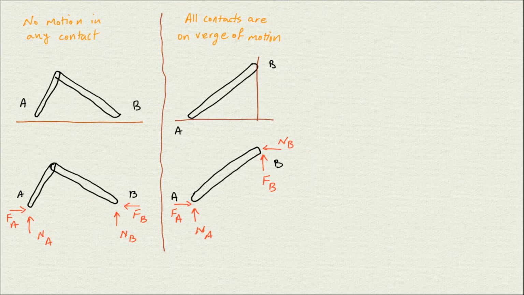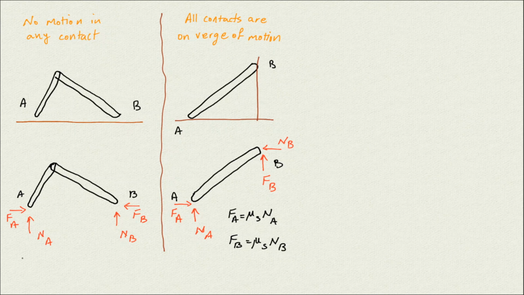The difference between this case and the previous case is that here, because it's on the verge of motion, FA is going to be mu s NA, and FB is going to be mu s NB. So we know the magnitude.